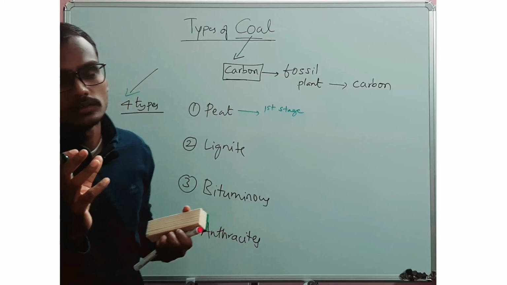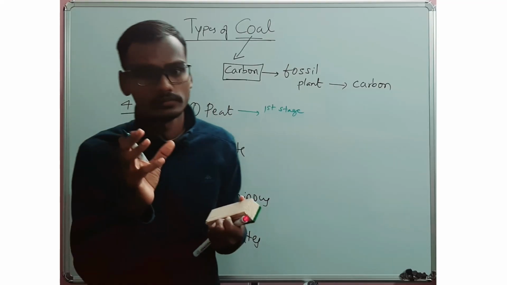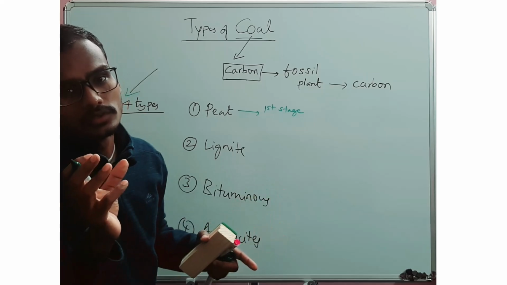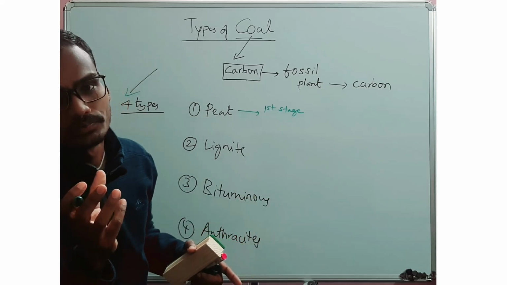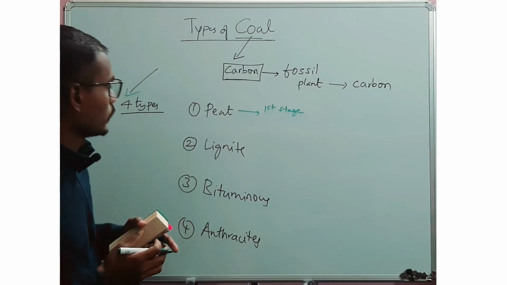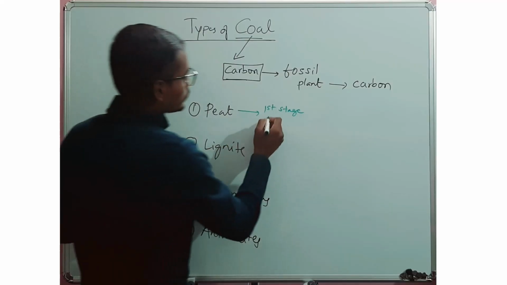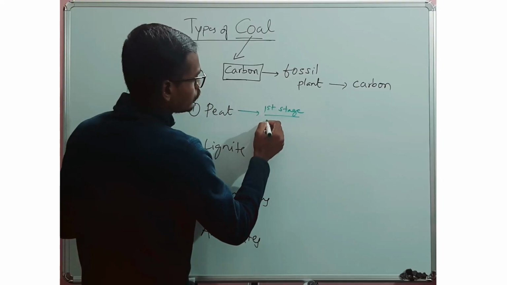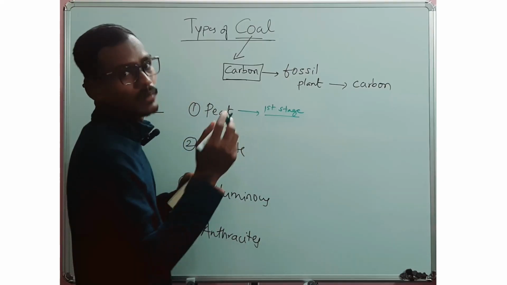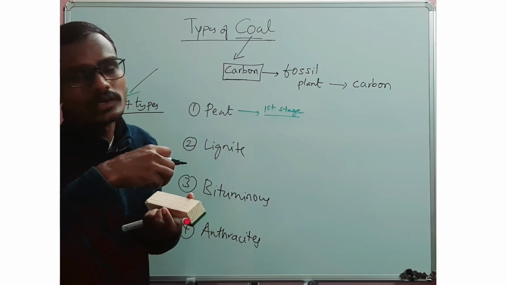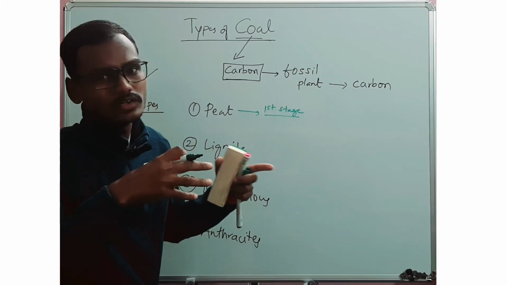If you google the word peat, you will notice it looks like cow dung manure. It is because it is the very first stage of the coal, and the carbon content is very low, because a lot of moisture and volatile elements stick to that coal.